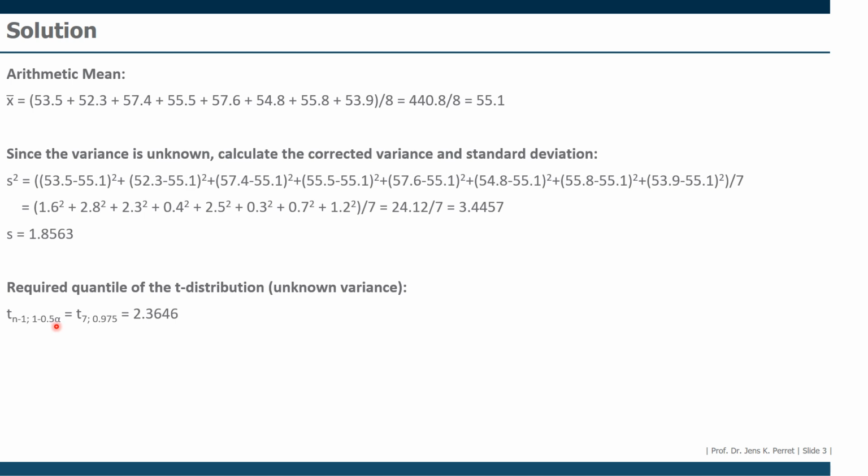So here 5% or 0.05. So we're going to calculate 1 minus 1 half times 0.05, giving us then 0.975. So we turn to the table for the t-distribution and look up the value t7, 0.975. There we're going to find this value, 2.3646, and that's actually everything we need to conduct our test decently well.